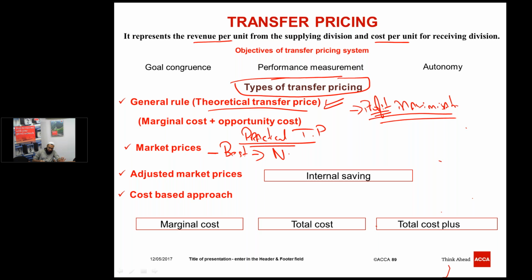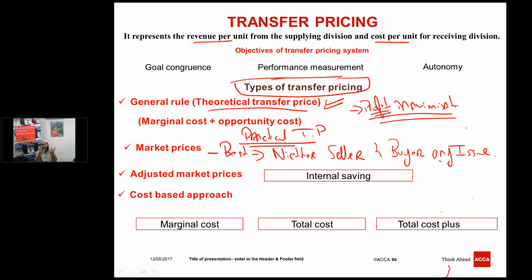Neither the seller will have any objection because it's the market price, nor will the buyer have any issue because it's the market price. So when the transfer price is on the basis of market price, that acts as a realistic transfer price, because the seller knows if I am not selling internally, I can sell the same thing at the same price outside.